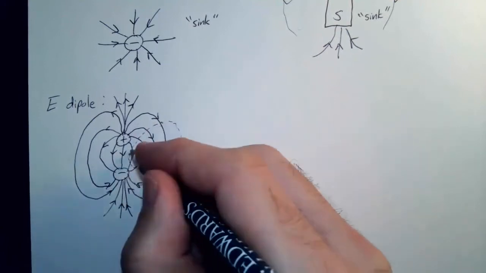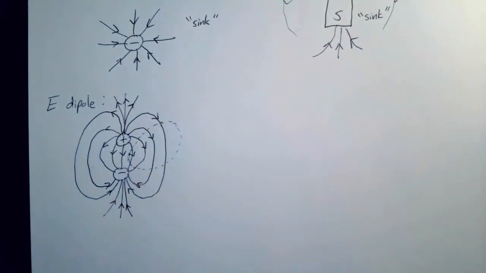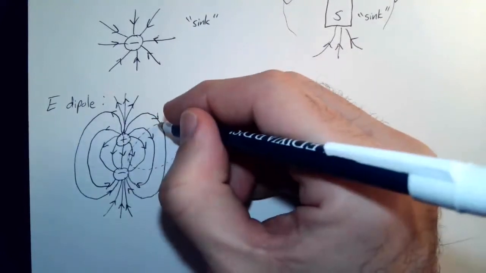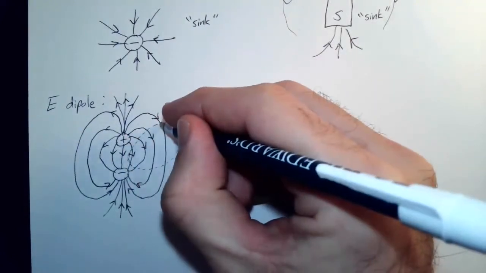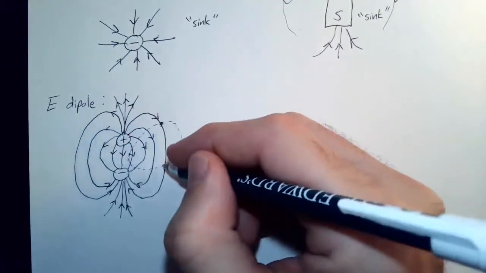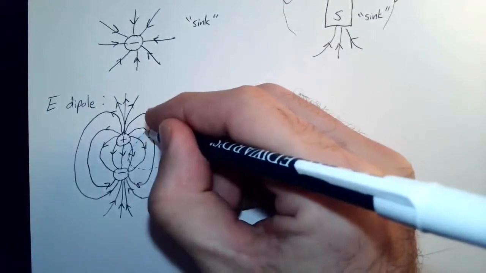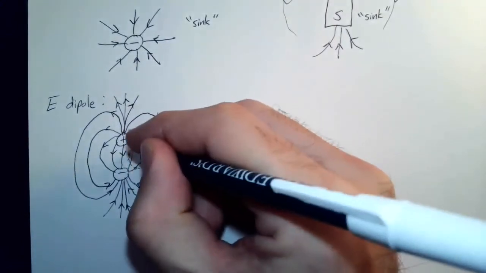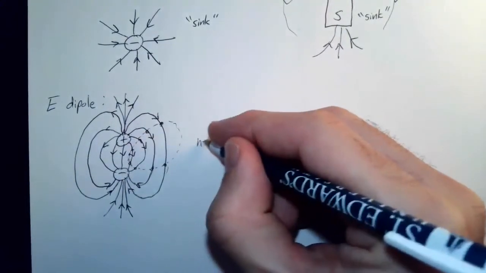All that matters is that it's closed, a complete surface with no holes. My heuristic argument before was that there's no flux through this surface because for every field line that comes in, there's a field line that's leaving. So the net flux here is 0.